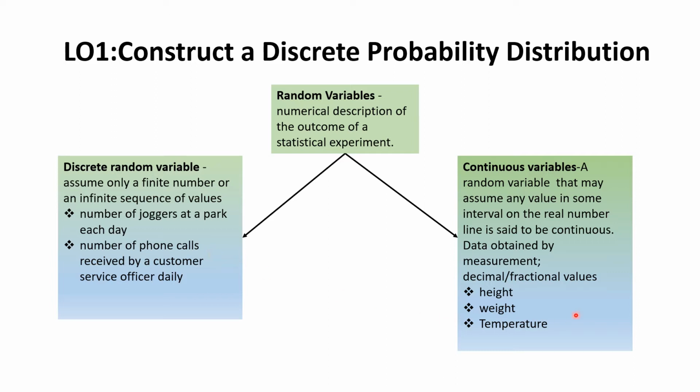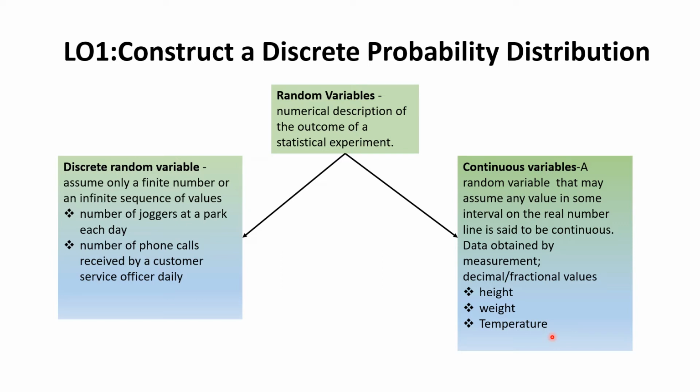Whereas on the other hand, a continuous variable is a random variable that can assume any value in between a certain interval. For example, the data can be obtained through measurement, and it can involve decimal or fractional values. For example, height, weight, and temperature.